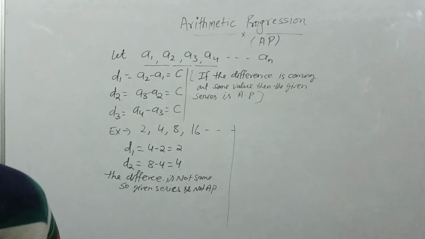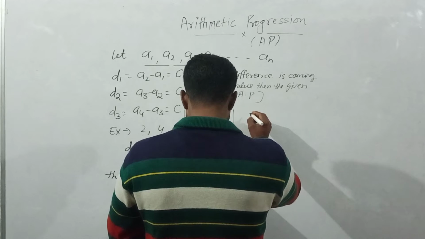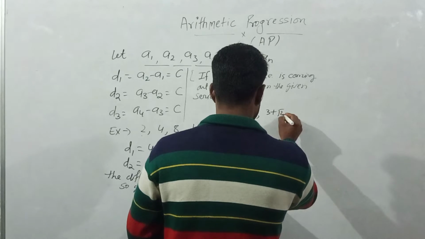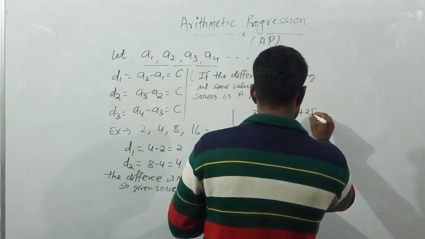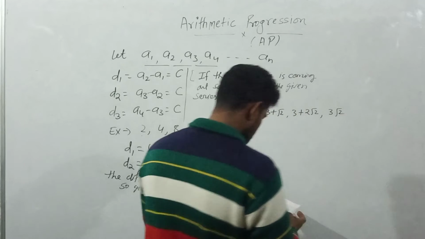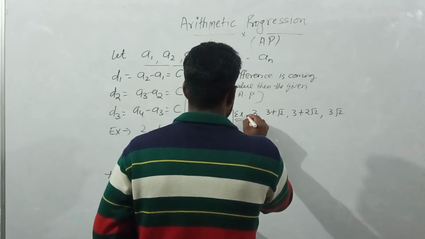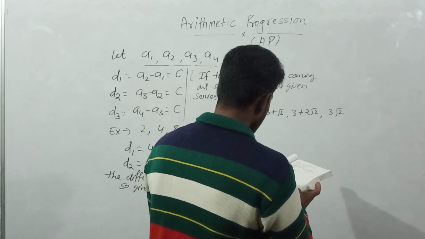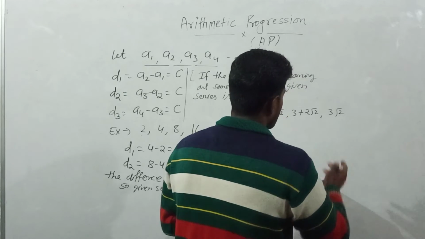I am taking an example from your exercise, with help from the book. The question is given: 3 plus root 2, 3 plus 2 root 2, and the last term is given as root 2. I am checking whether the series is written correctly here or not. 3 plus root 2, 3 plus 2 root 2, and here is a mistake.